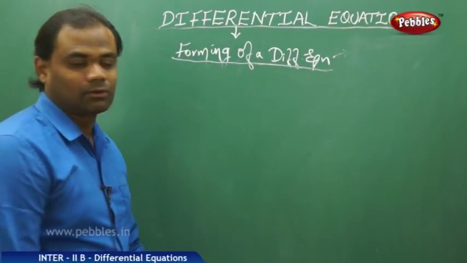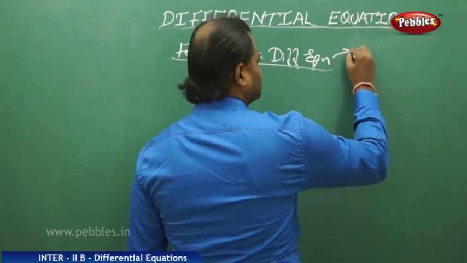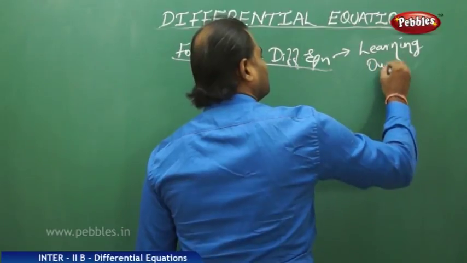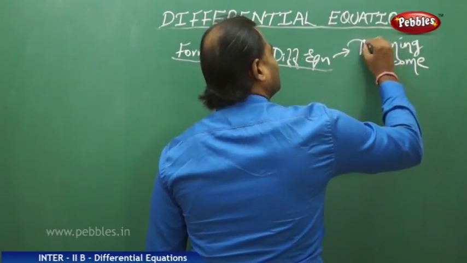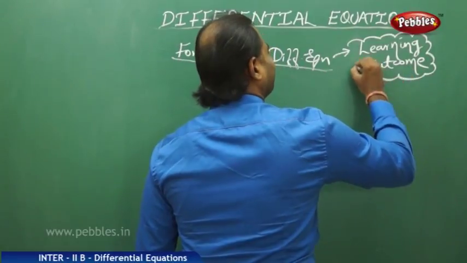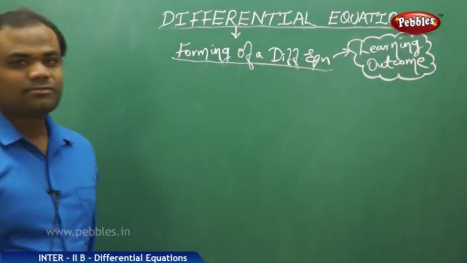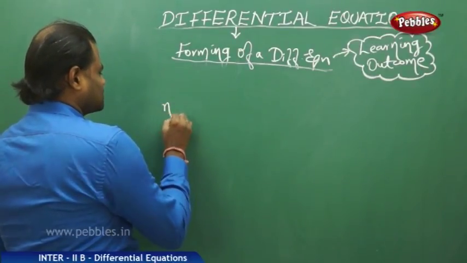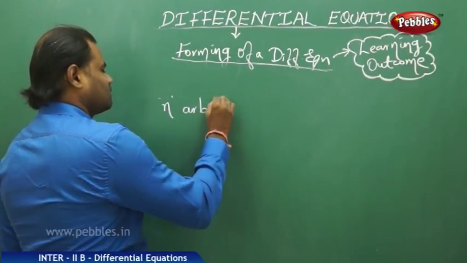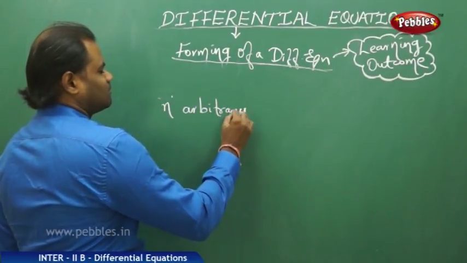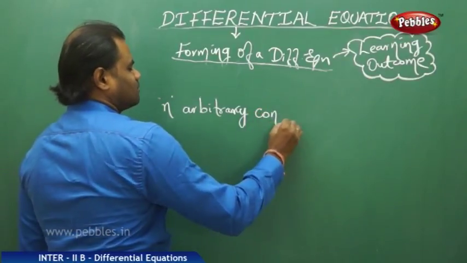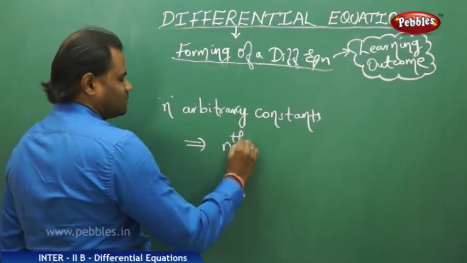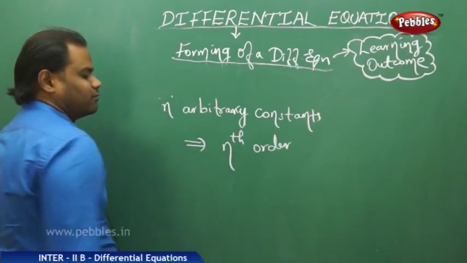Let's see the learning outcome in forming a differential equation. As we have seen, if there are n arbitrary constants, this implies an nth order differential equation.